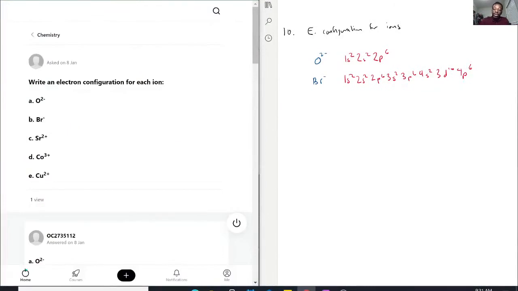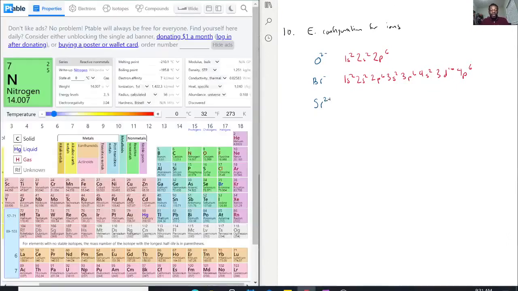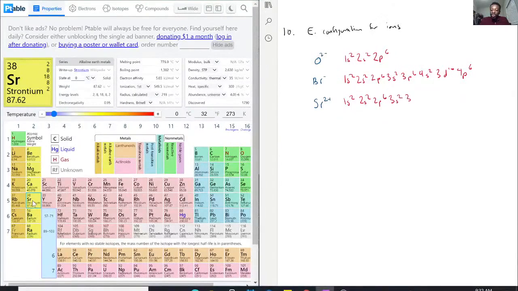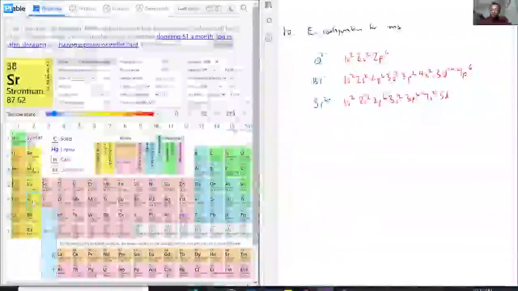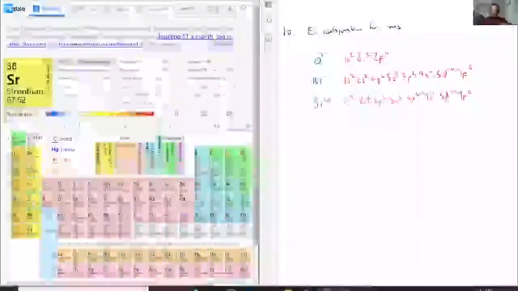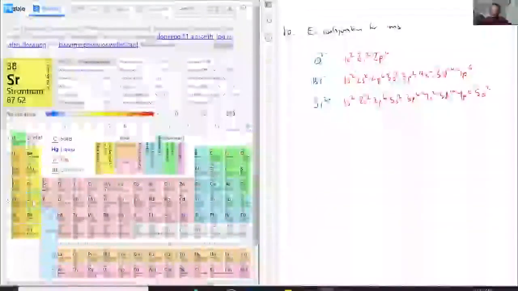So now Sr2+. This is strontium. If we go over to the periodic table, Sr is right here in the 5th row. So now, even further than bromine, we have 1s2, 2s2, 2p6, 3s2, 3p6, 4s2, 3d10, 4p6, and then we have 5s2.